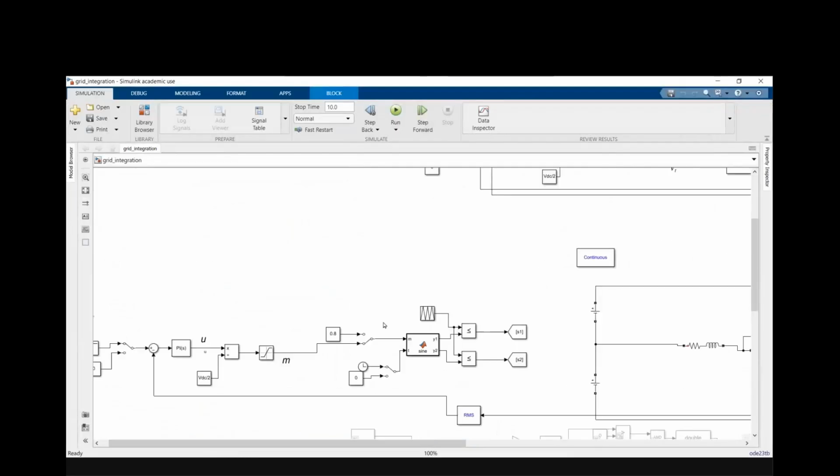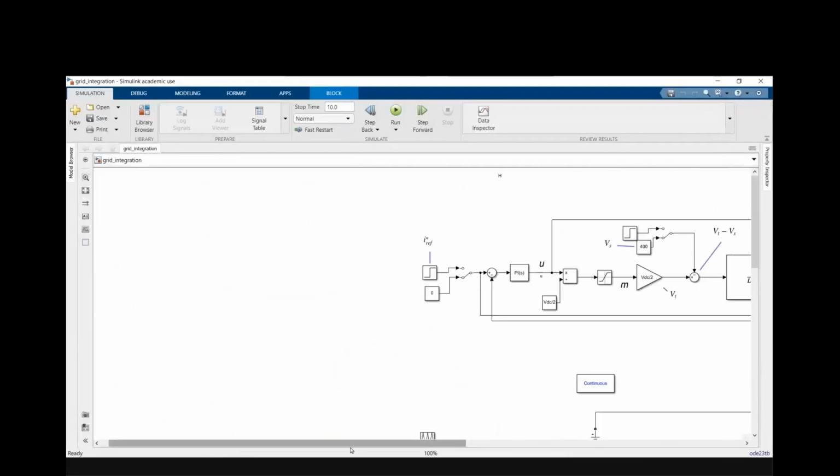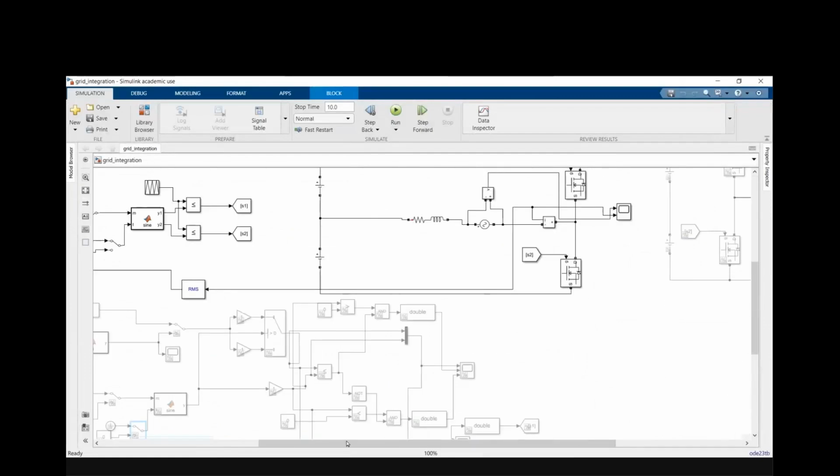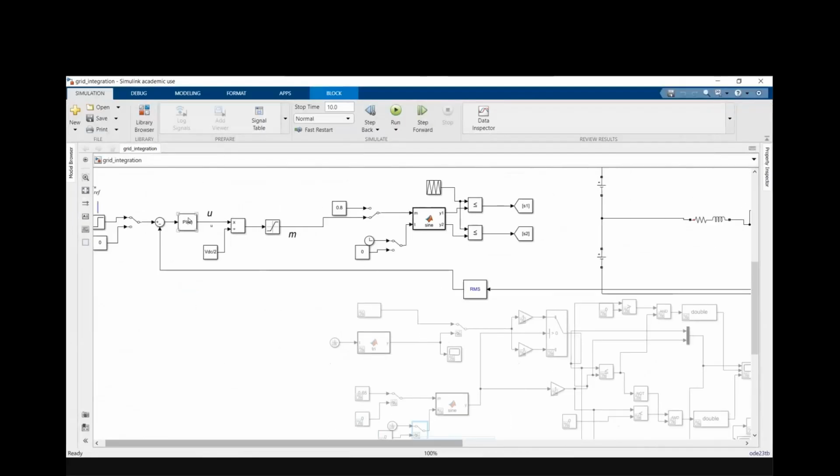Okay, so what I did here is I tuned this using this linear approximation. Then I directly gave that PI controller here and I started controlling this. So I'll get reference M. I just gave the T normally, I didn't even use PLL, just to test whether the system is going to give the required output or not.